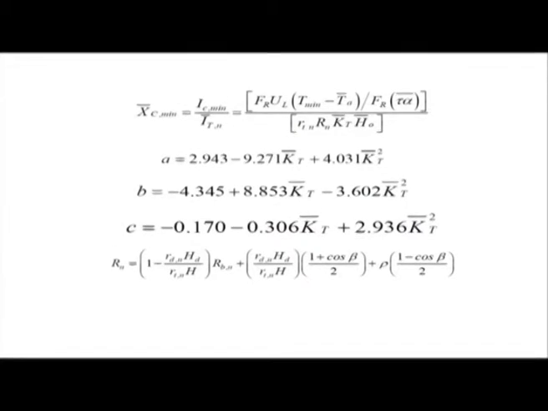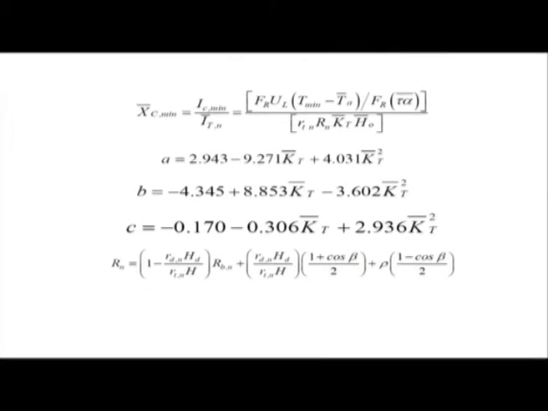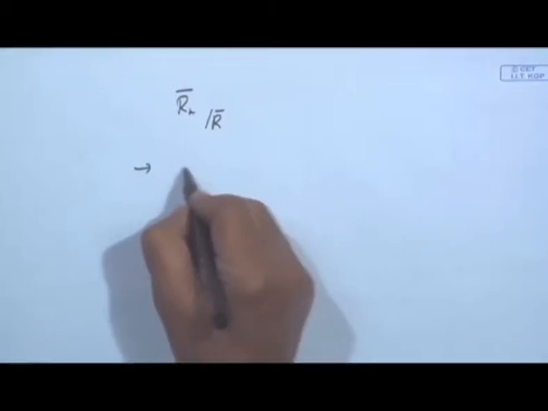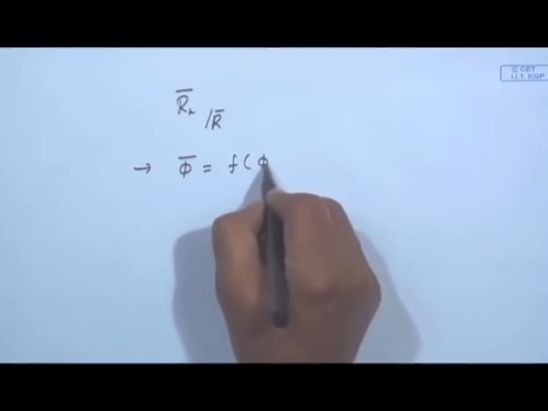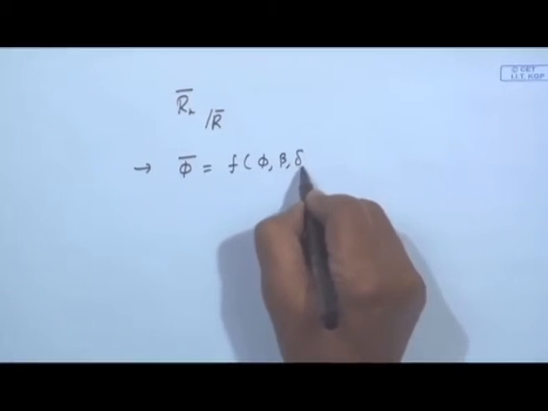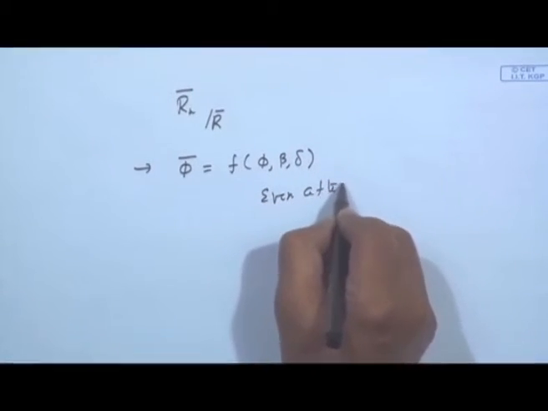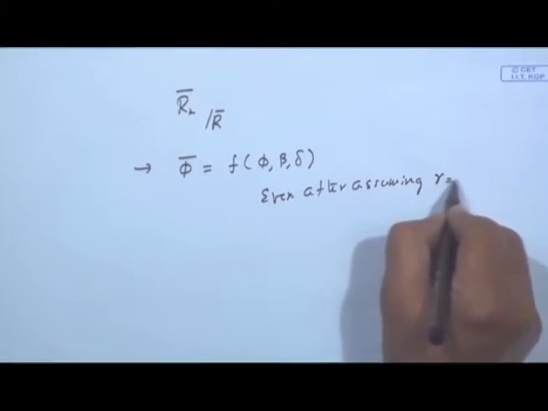The other parameter which you have to see in the phi bar correlation is this Rn by R bar. In general, I can expect phi bar, in addition to Xc bar etcetera, to be a function of phi, beta, delta, and even after assuming gamma equal to 0.